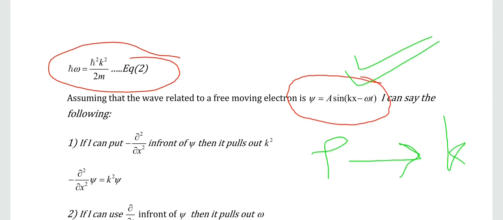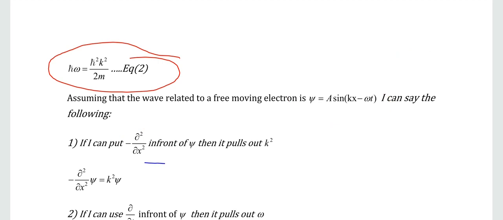Now how to bring back the k from psi? Well, the trick is, we can use a second order differential operator that looks like this. If I apply it to psi, I get k square psi. Now what is the meaning of this equation?